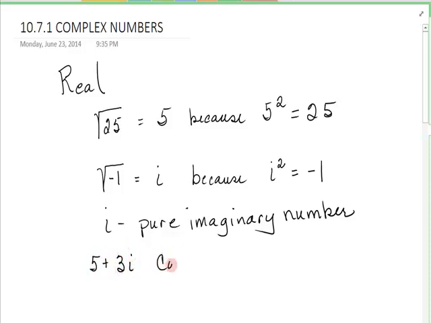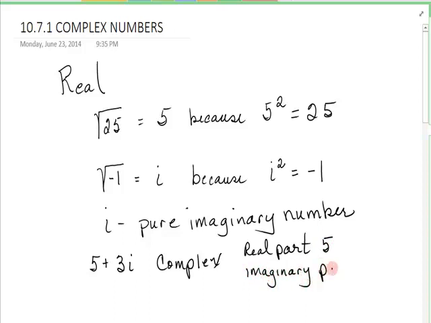This is a complex number. It has a real part, which would be 5, and it has an imaginary part, which is called 3i. And this is a complex number.